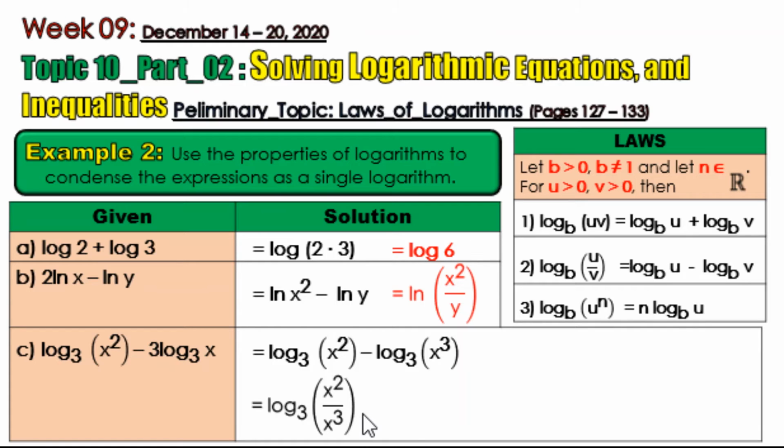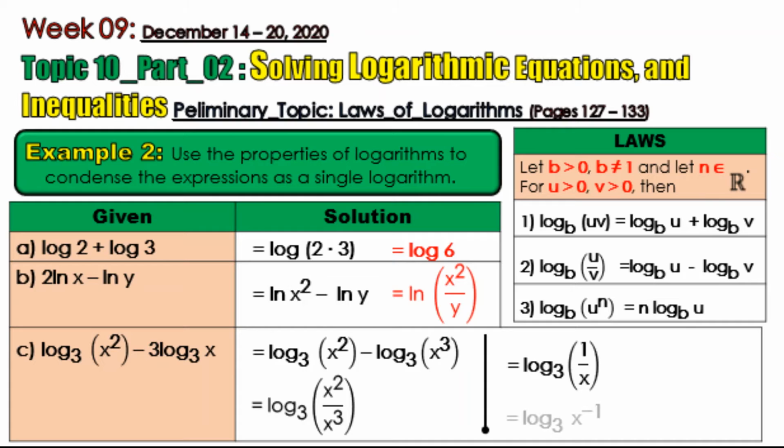We can further simplify this. Okay, so we have 1 over x. We subtract the exponent. Okay, or we can use cancellation. So we can cancel 2. We have 3. What is left is x. So we have 1 over x.